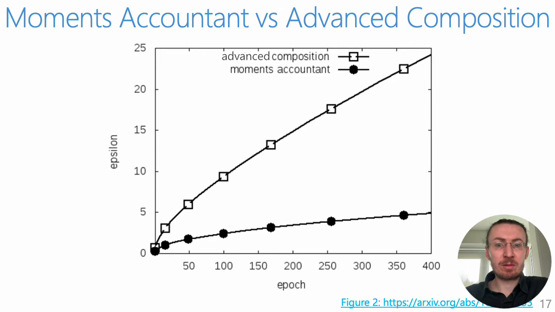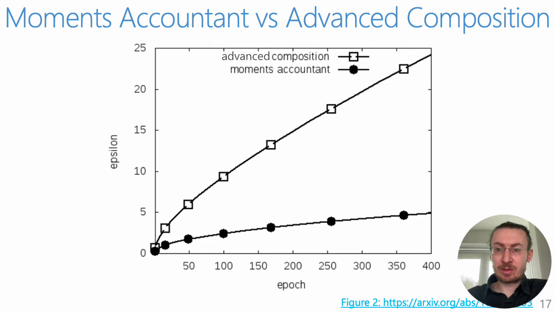So for example, when we train the model for 100 epochs, the value of epsilon for the moments accountant is only 1.26, whereas for the standard advanced composition it's approaching 10.